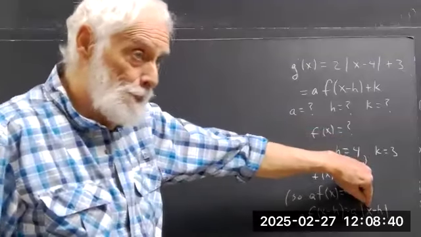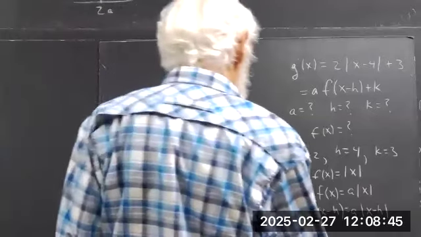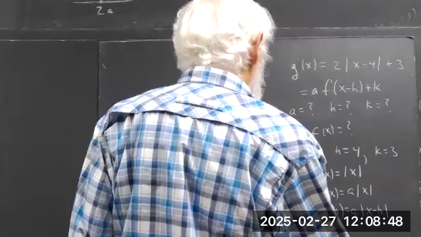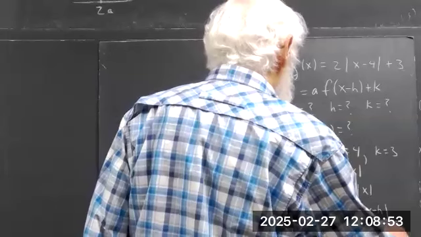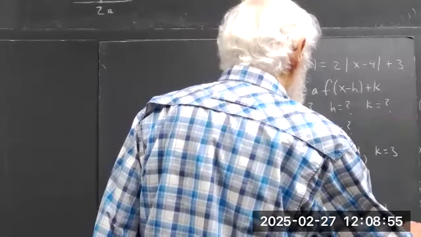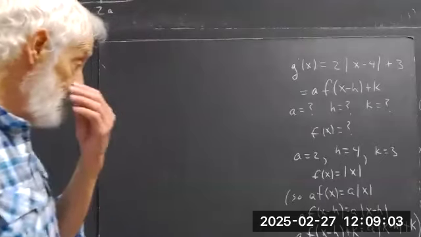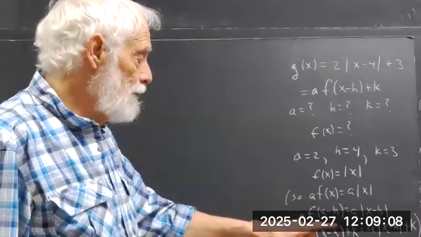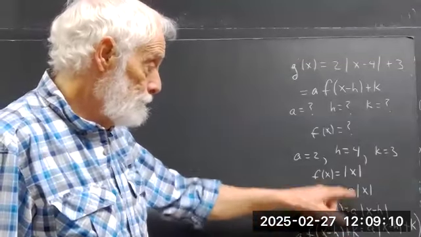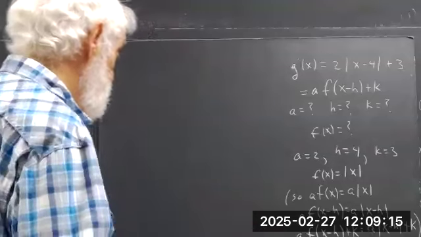So this x becomes x minus h. A f of x minus h plus k equals a times the absolute value of x minus h plus k. This is exactly what the function notation tells you is the meaning of f of x minus h plus k. Okay? So you have to understand all of that.